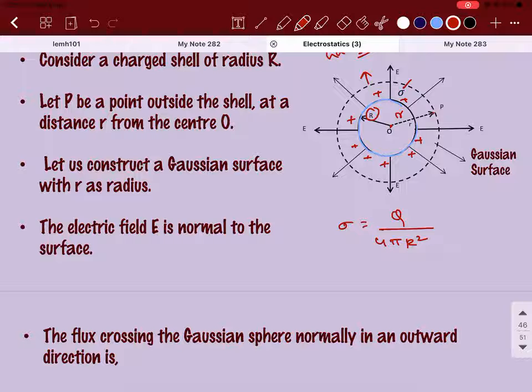On the Gaussian surface, consider a small area. If I consider a small area like this, then the direction of this area vector is going to be in this way. That is dA. Accepted? So small area, its direction is dA.